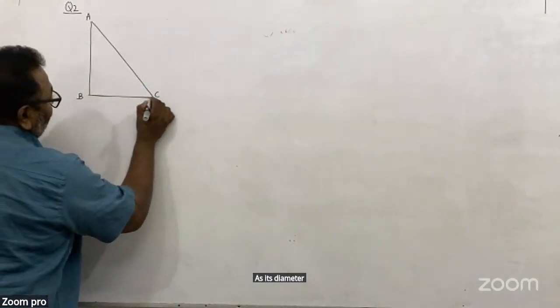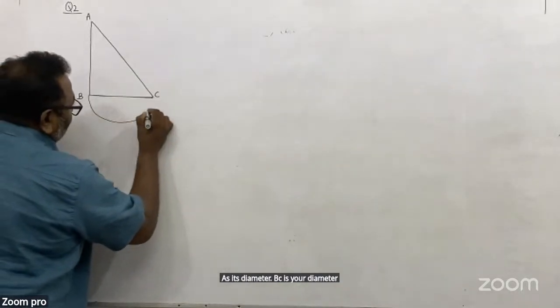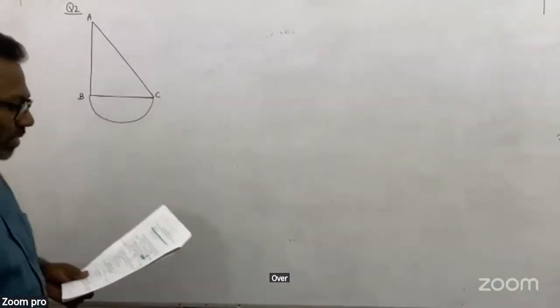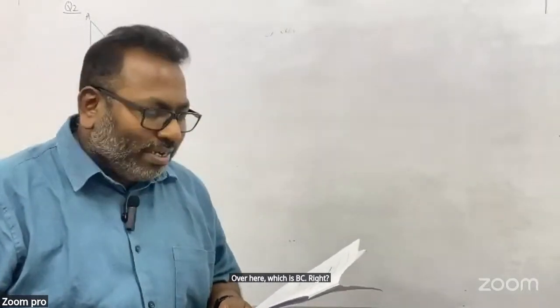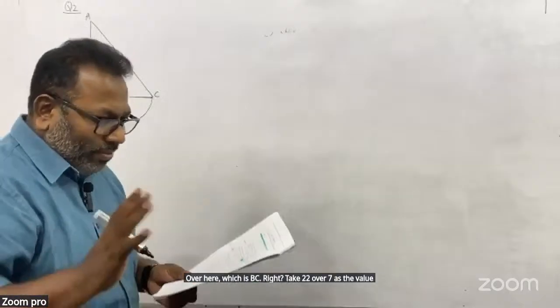BC is your diameter. There is a semicircular land over here which is on BC, right? Take 22/7 as the value of pi.